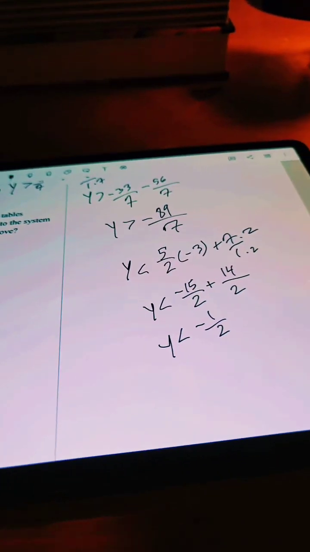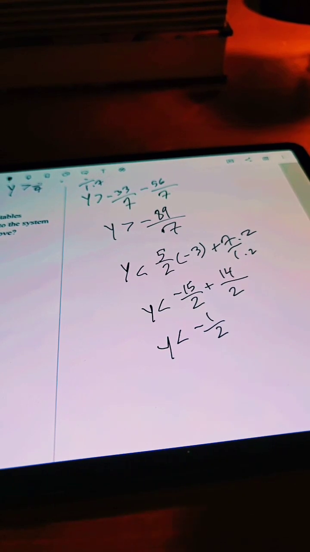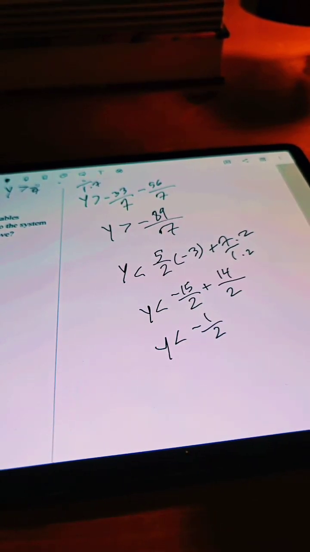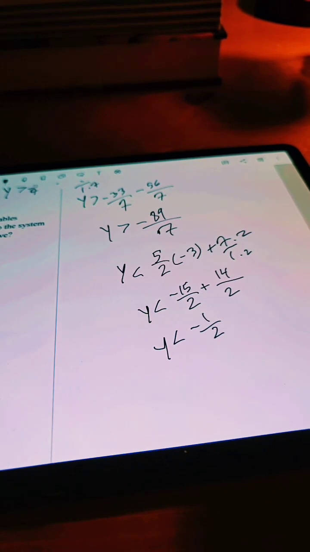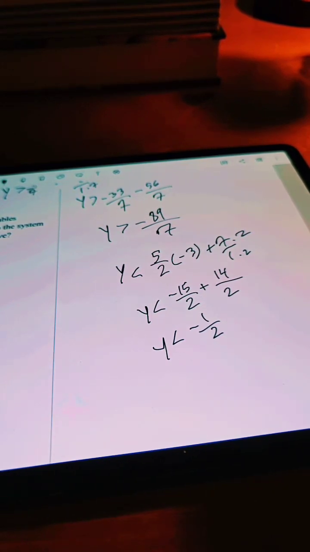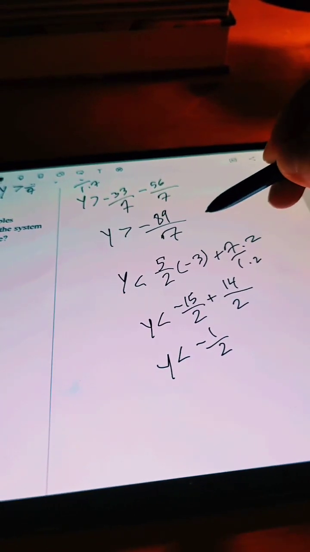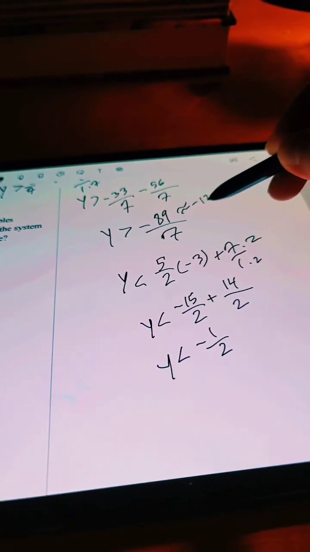So I'm not going to trust my brain right now. We're going to do 89 divided by 7 and make it negative. I cleared it by accident. 89 divided by 7, so that's going to be 12.7 and so on. So approximately negative 12.7.